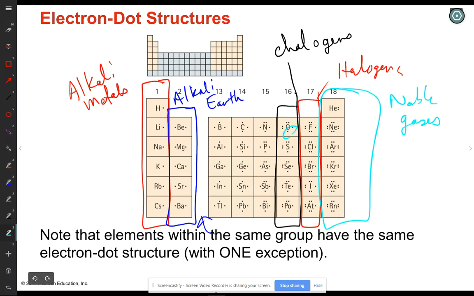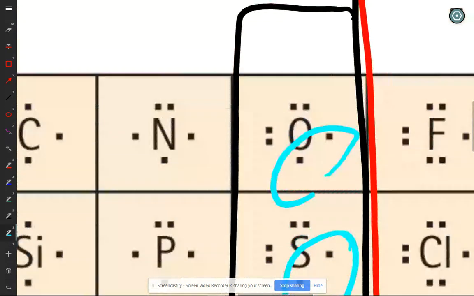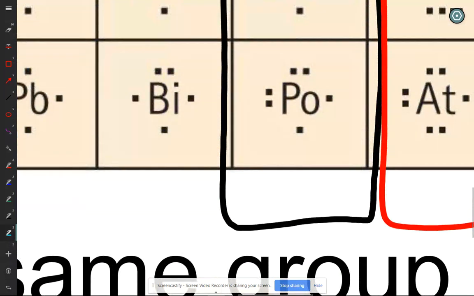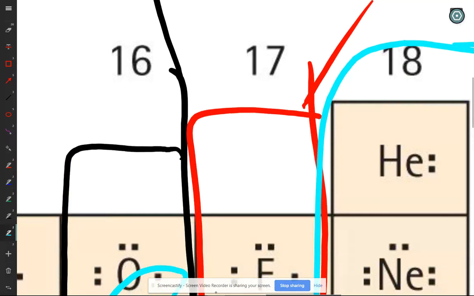I'm going to zoom in so you can see what I was circling. They all have two lone pairs and two lone electrons. Those pairs are just going to hang out. They're happy. But the lone ones are looking to bond. And so the chalcogens all are looking for two bonds. The halogens, one lone electron, they're looking for one bond.